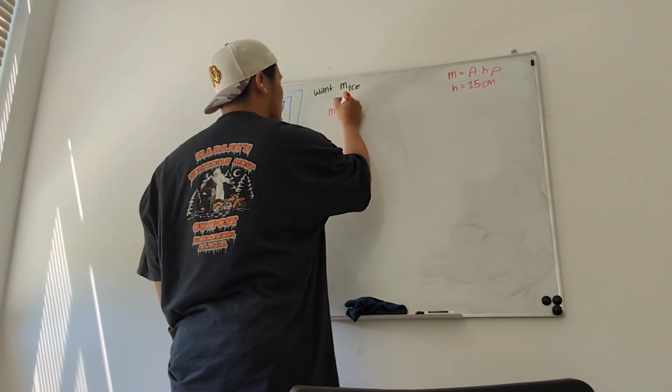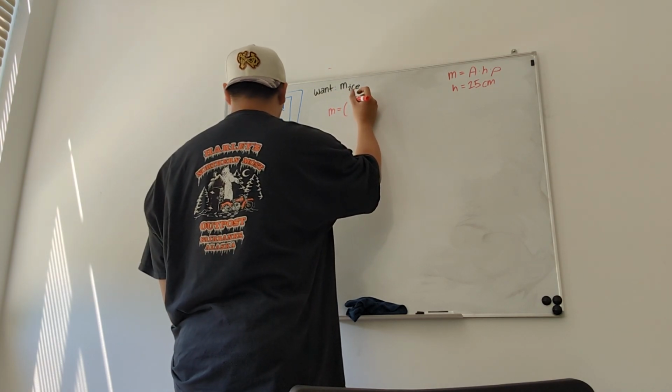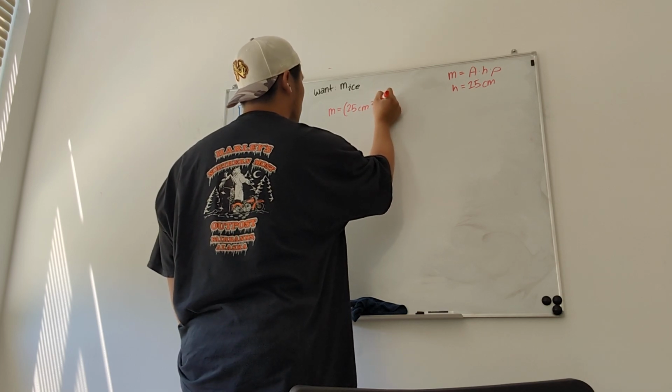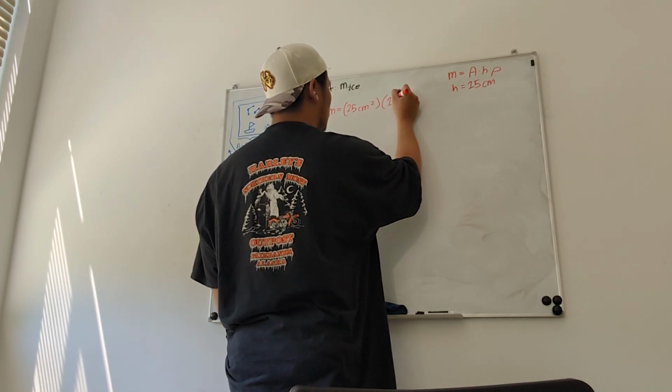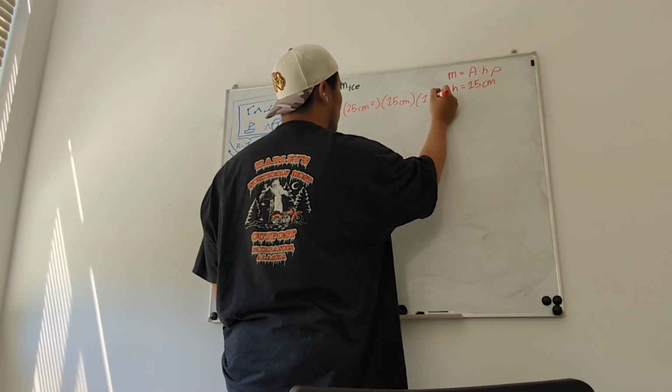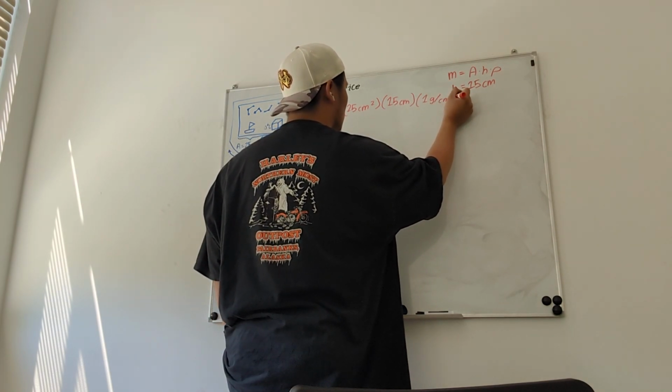That means mass is equal to area, 25 centimeters squared, keeping track of our units, times height, 15 centimeters, that makes it centimeters cubed, times density, which is just 1 gram per centimeter cubed.